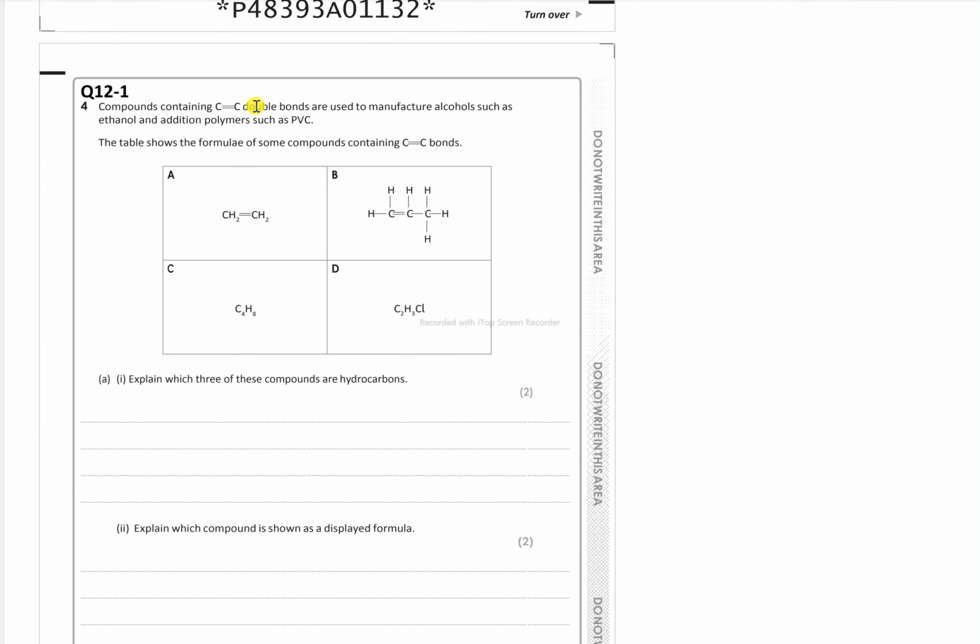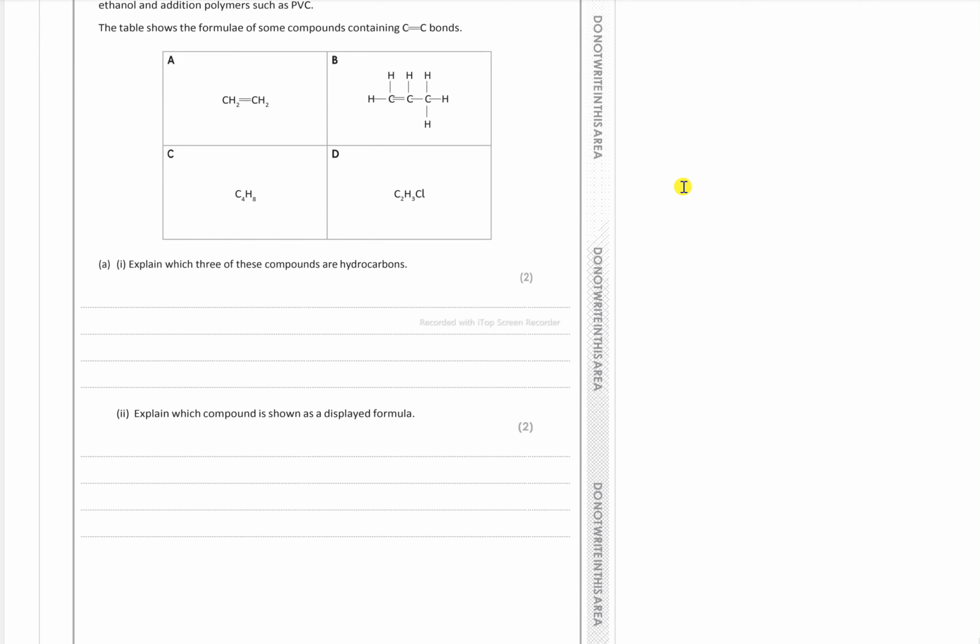Right, let's try to squeeze this one in. Compounds containing double carbon to carbon bonds are used to manufacture ethanol and plastics such as polyvinyl chloride. Explain which of these three compounds are hydrocarbons. That one has not got only hydrogen and carbon, so it is not a hydrocarbon.